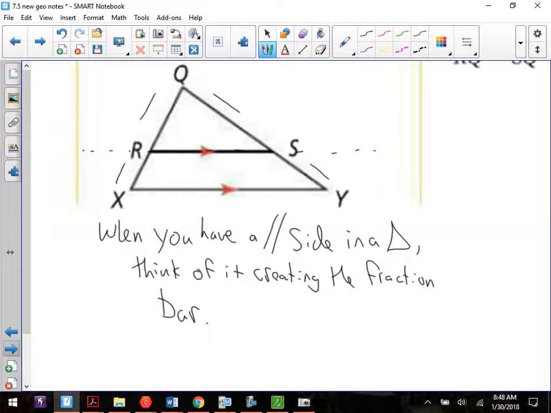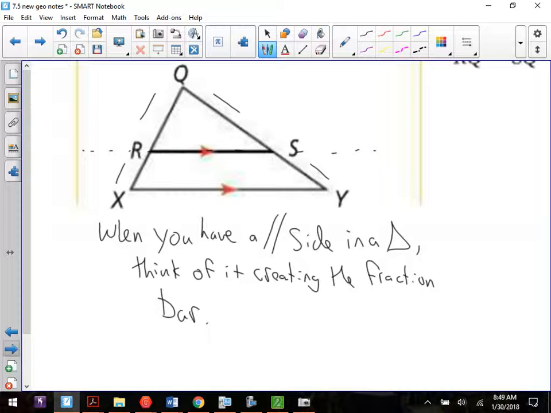It is such an unwinded version of the actual material here. But you guys see how that segment RS is parallel to the base XY?